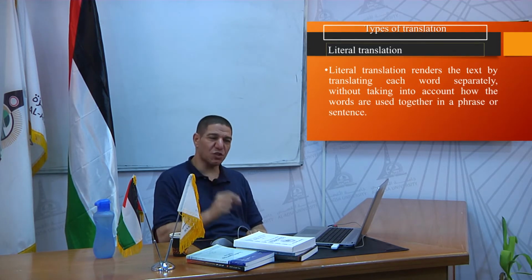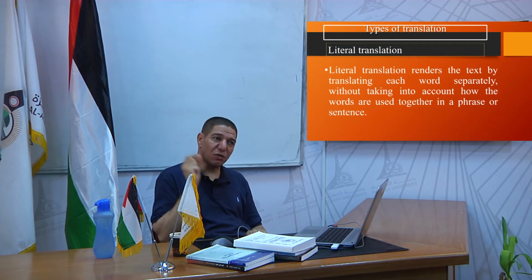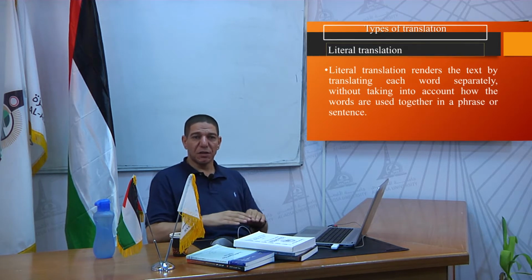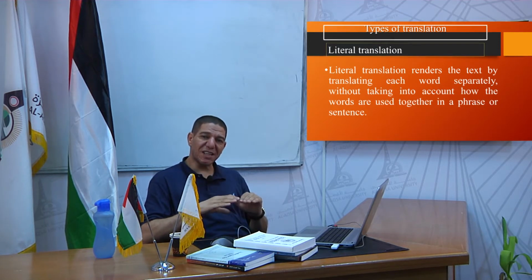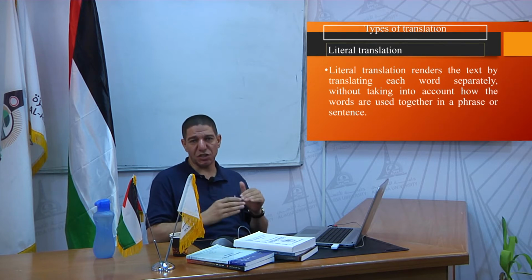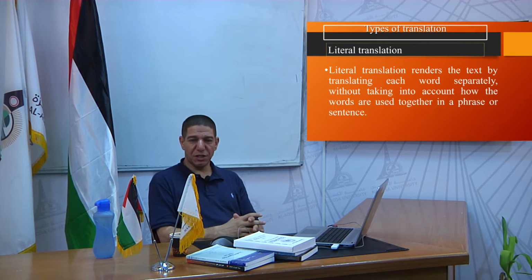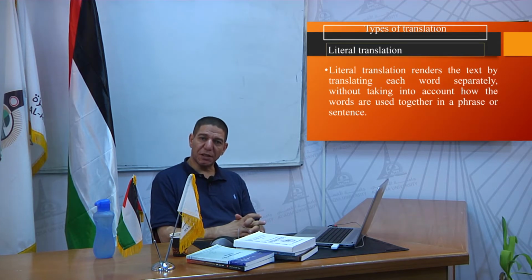You mainly focus on the lexical meaning of the word in the dictionary. You put it without looking for other dimensions of the structure of the sentence or the context in which the word is occurring.